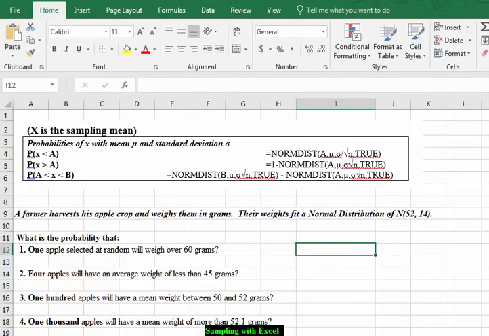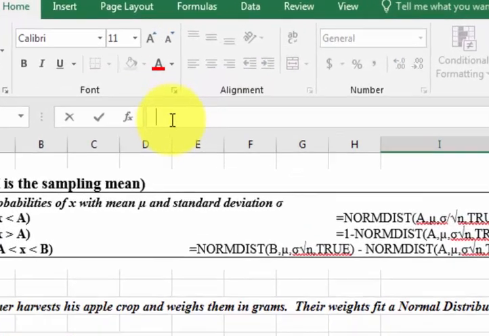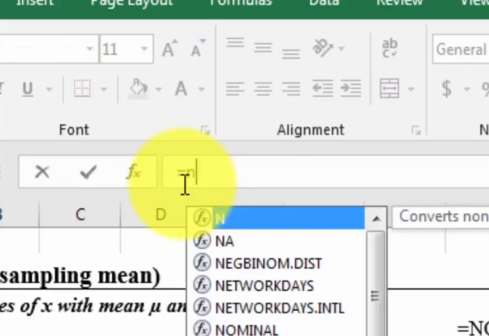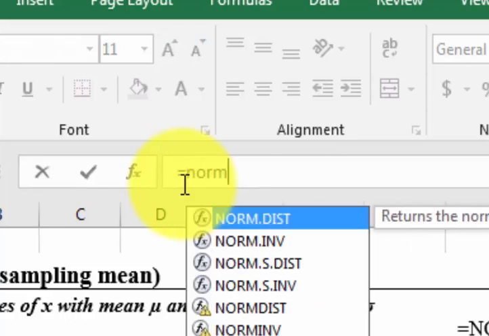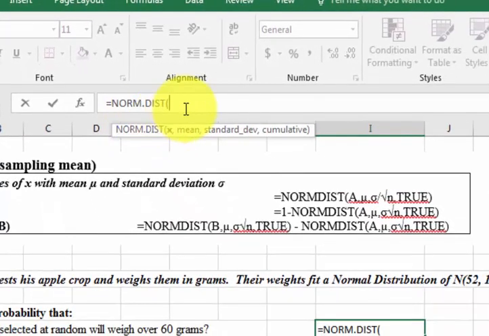If you start typing equals NORM.DIST, it'll pull it up anyway. So our value for problem number 1 is 60, and the stated mean was 52. Standard deviation is 14.